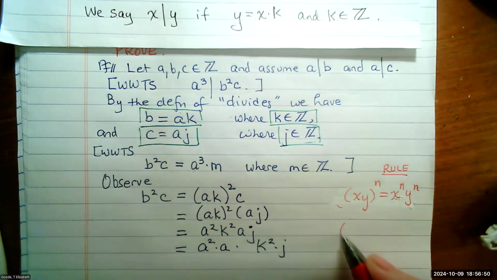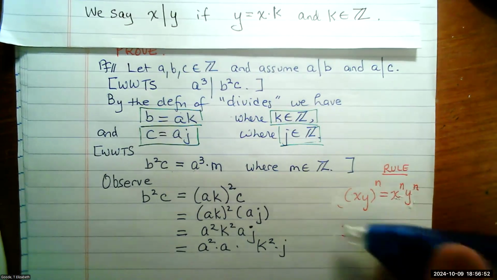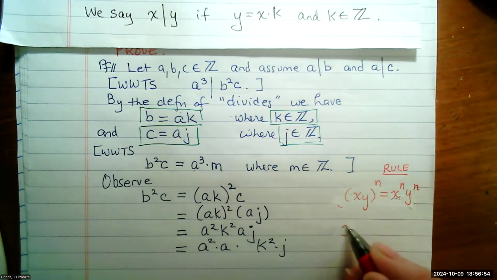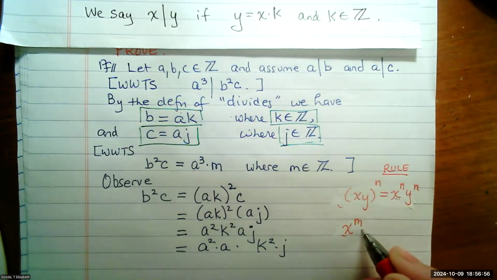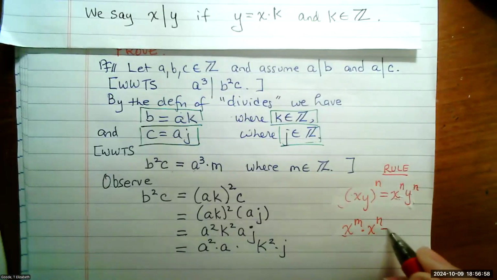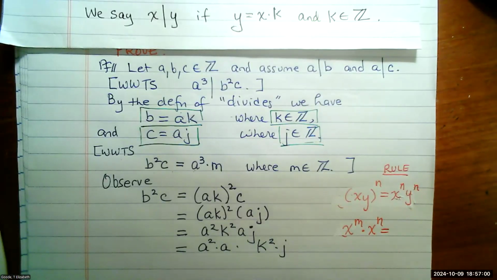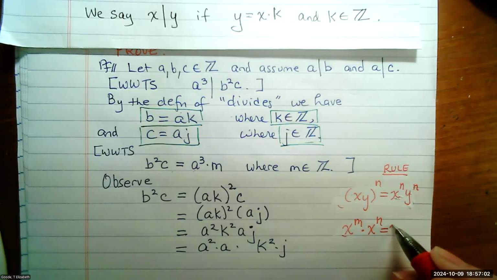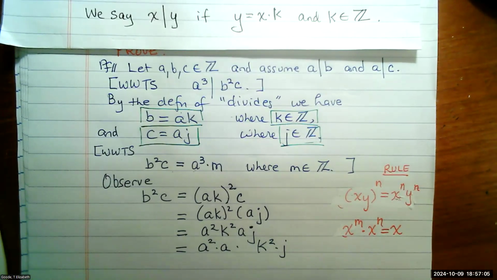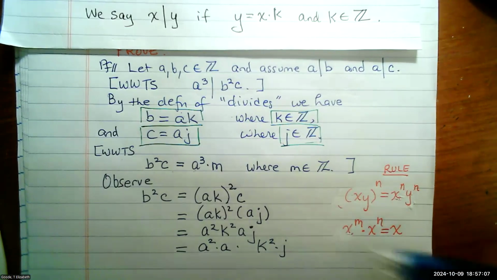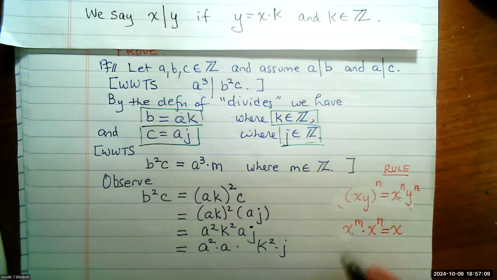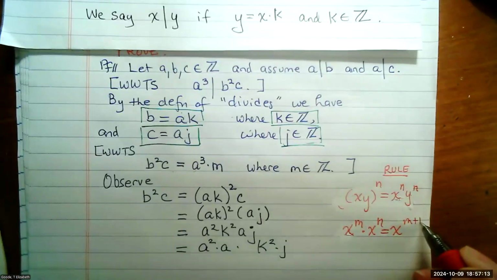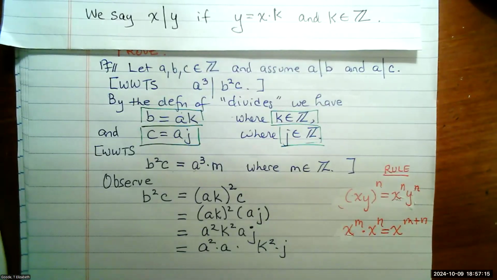And just remember, here's another rule: X to the M times X to the N, what do we do with the exponents? What's the rule? Anybody remember the rule? Add them. Yep, we'll add the M plus N. Good, thank you. And so, like I said, we don't usually write the 1, but there is a 1 there.